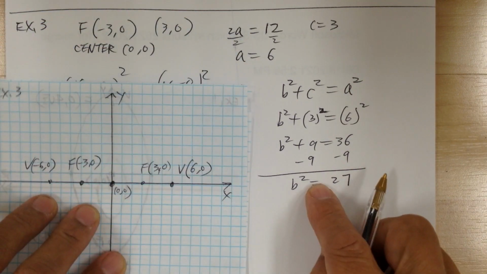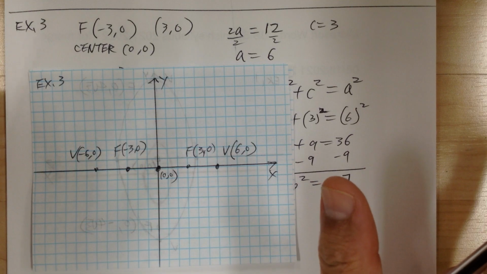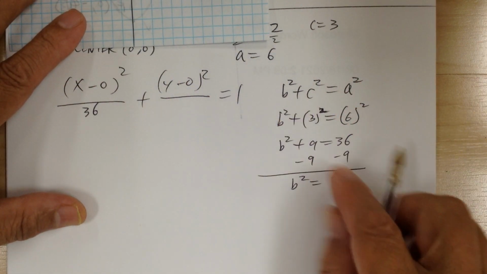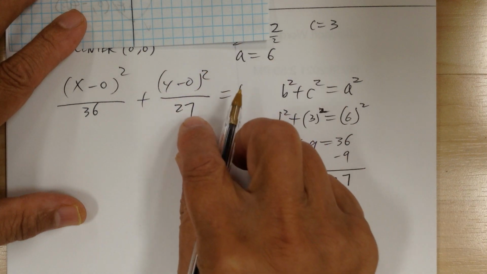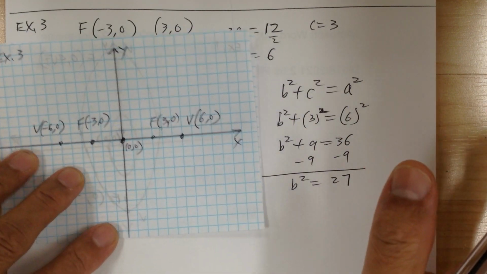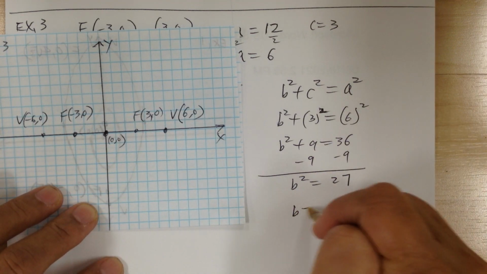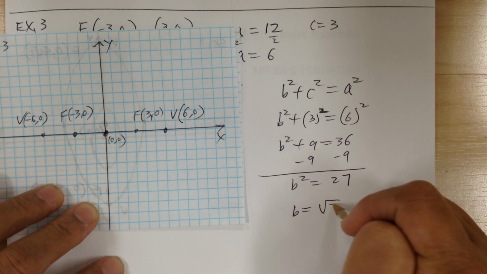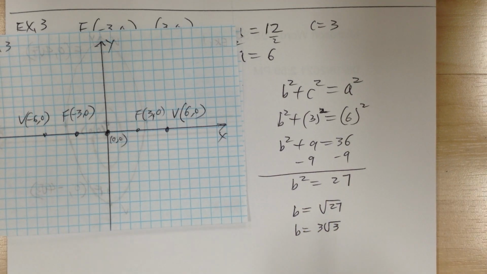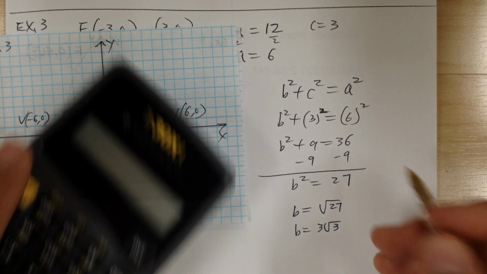Now, it does not ask you to solve for b. It does not ask you to graph. So you don't need to do extra stuff. Once you find b squared, it's going to go under here. Remember, this is the b squared, right? Now, in case they ask you to graph, then all you have to do is take the square root. Get your calculator to get an approximation.